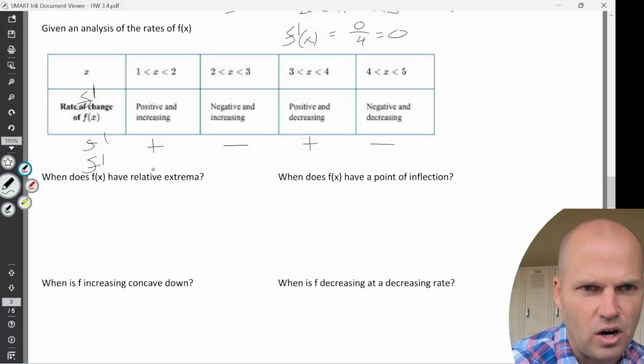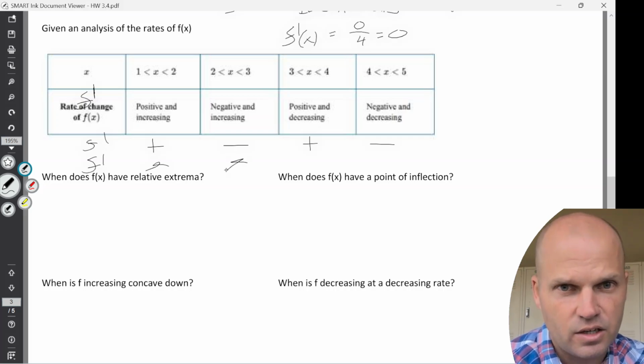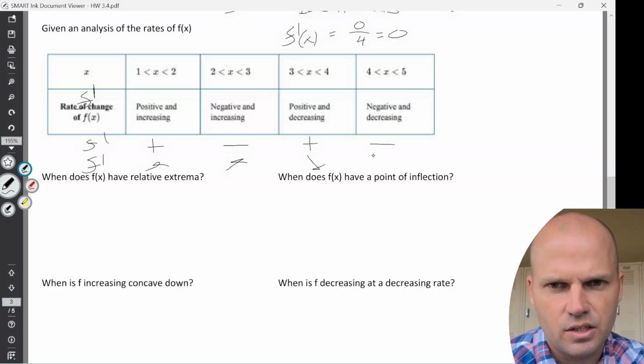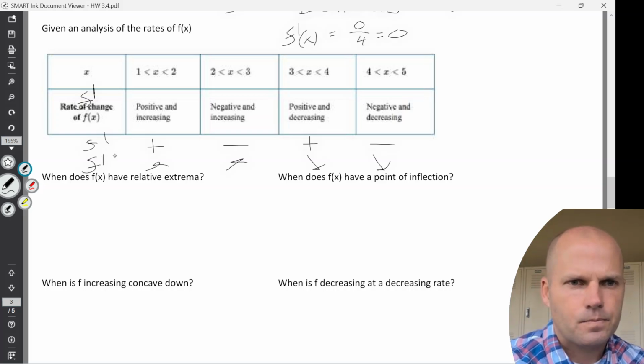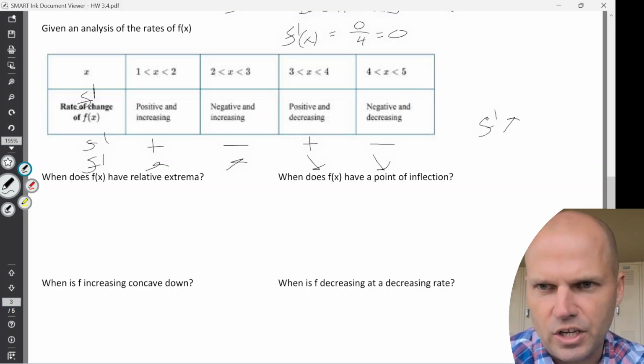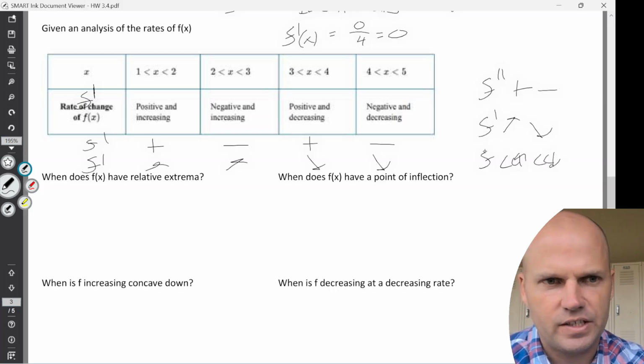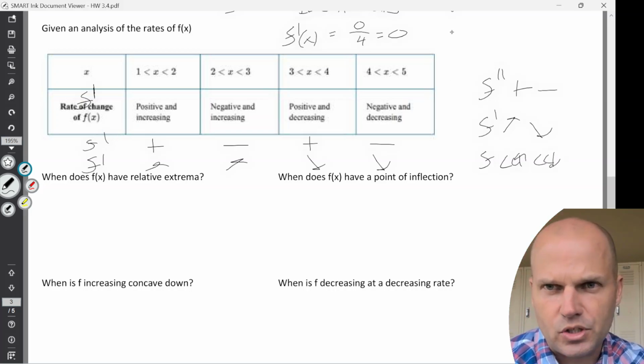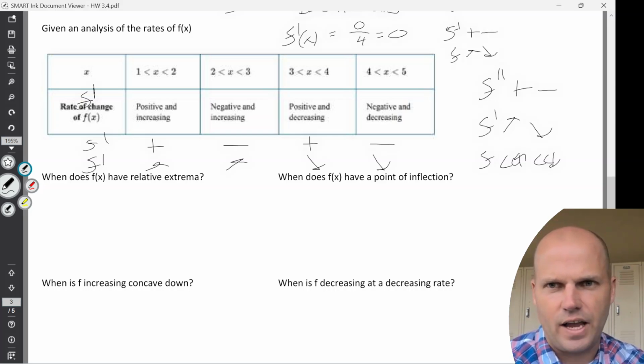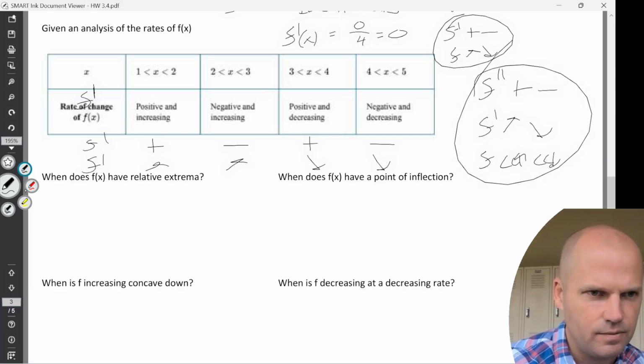F's slopes are increasing, increasing, decreasing, decreasing. Remember, F's slopes increasing, decreasing, second derivative positive, negative, F curving up, curving down. F slopes positive, negative, F up, down. You got to really have these two sign analyses down.